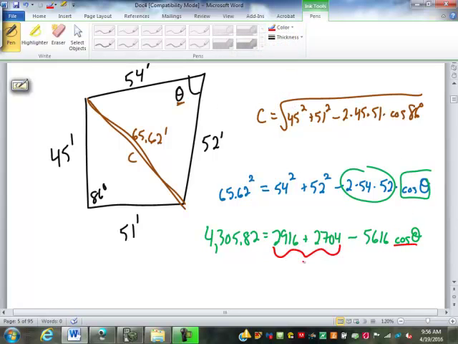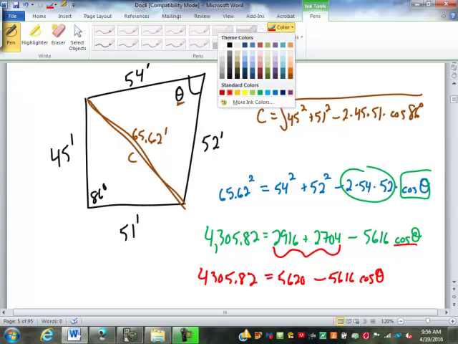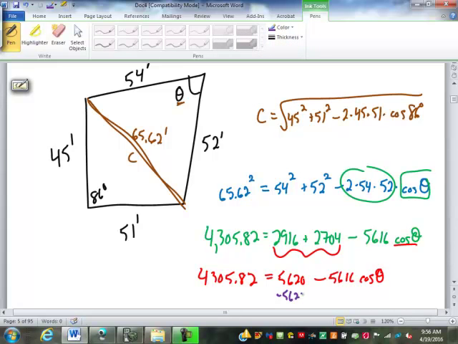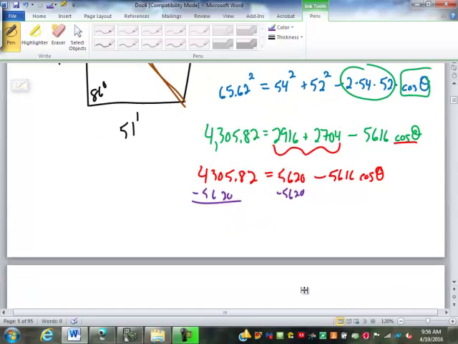I can combine those two because they're just added, which adds up to 5620. And now I have to subtract the 5620. Which is going to give me 1314.18 negative, I believe, equals negative 5616 times cosine of theta.